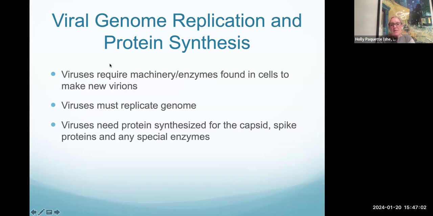And so that's why they are obligate intracellular pathogens, is because they require that machinery and enzymes that are found in the cells. They need it to make new virions, because to make a new virion, they have to have a copy of their genome, and they have to have the protein synthesized for the capsid spike proteins, and then if they have any special enzymes that they themselves carry with them.